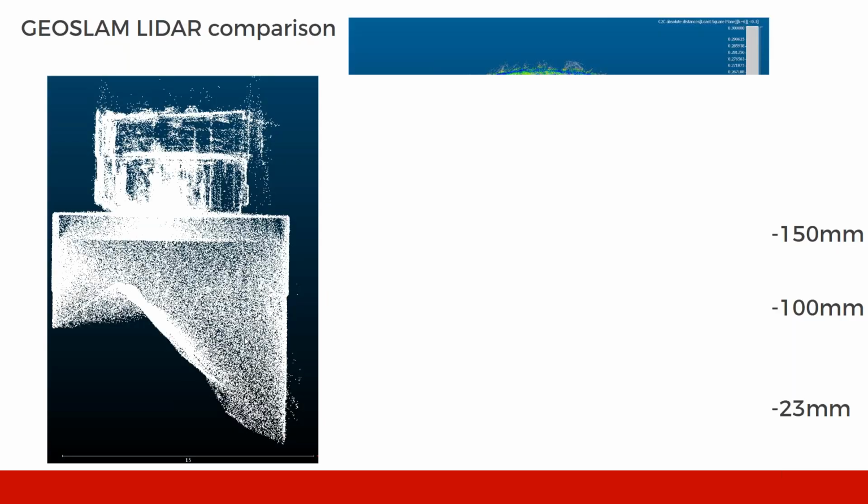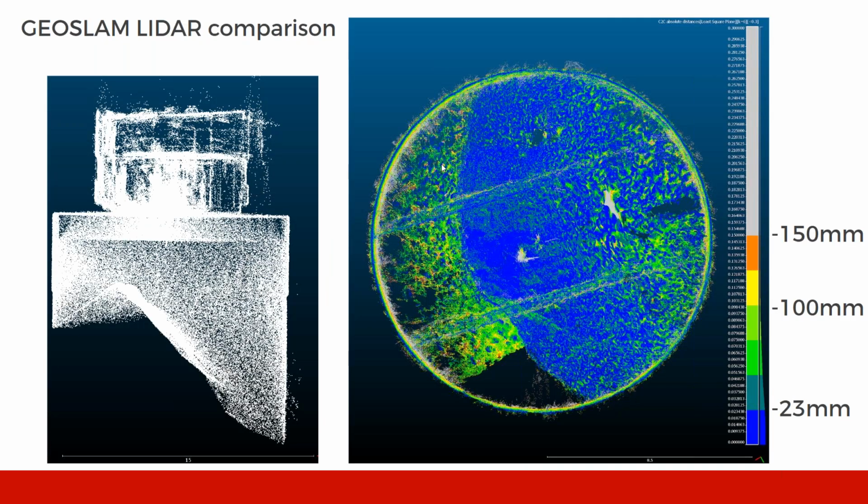On this particular inspection, we also had a GeoSLAM LiDAR, which is, well, a LiDAR is a radar with lasers, if you're familiar with the technology. It's a handheld unit. You can wave it around and it basically scans the entire environment. They're pretty heavy, so they don't fit on the Elios 2.